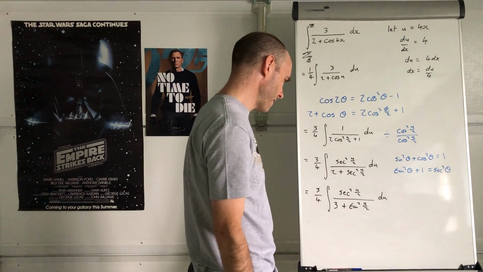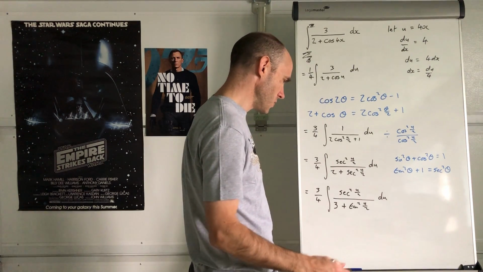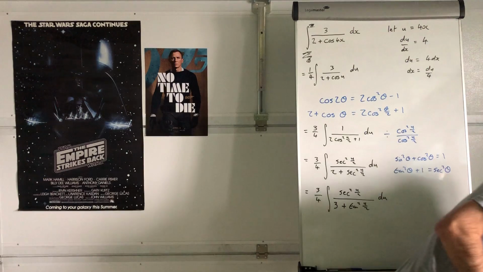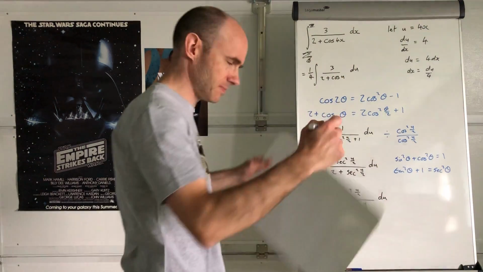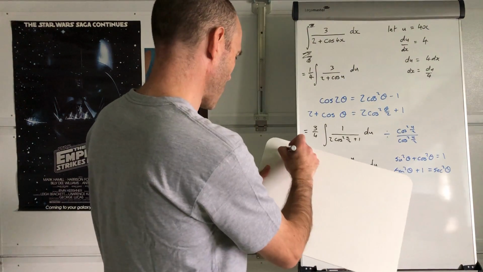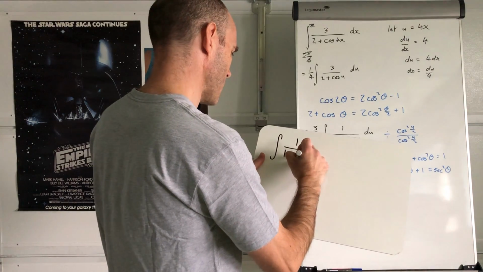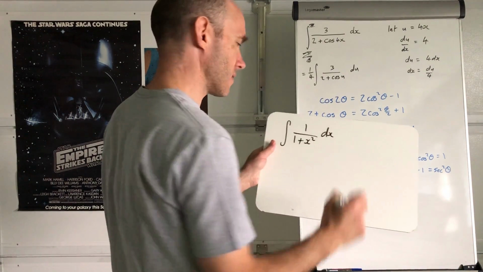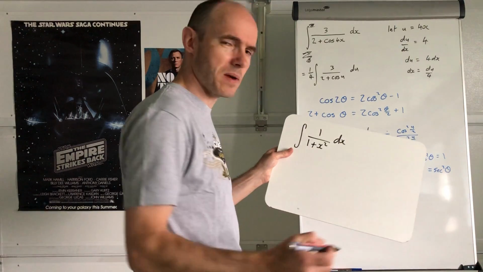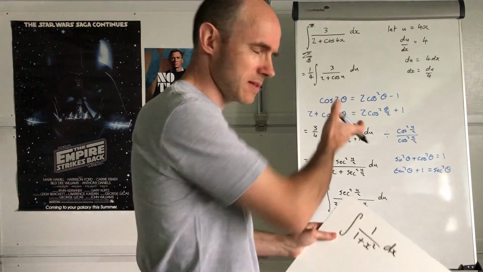What I want to do is I want to have a situation where I end up with something like this, 1 over 1 plus x squared dx. Well, you might not think so, but this, compared to this, is pretty easy.